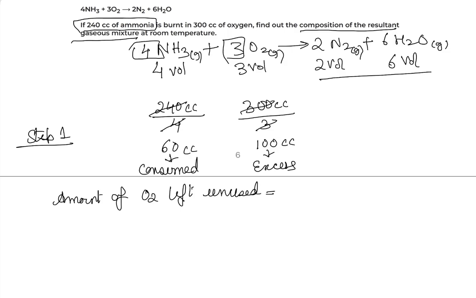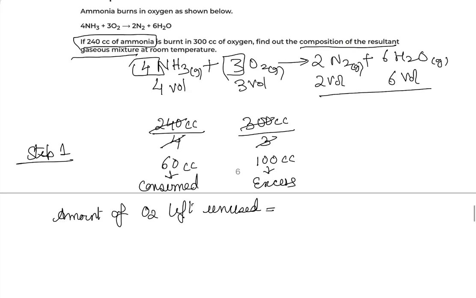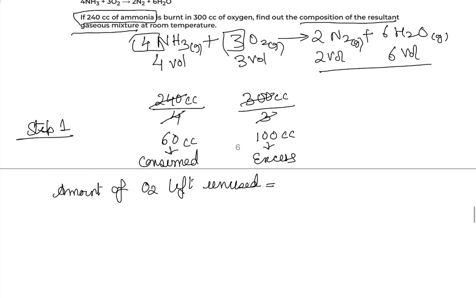To that we should know how much oxygen is used. Now we can see the amount of ammonia which is used here. This is 240 cc. So again I will write down the ratio here. NH3 is to oxygen: in the balanced equation it is 4 volume using 3 volume, but in my question it is given 240 cc.